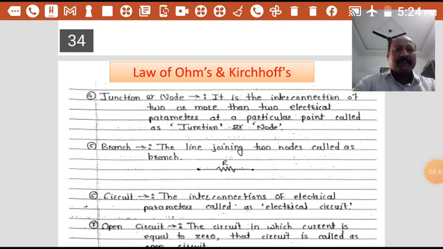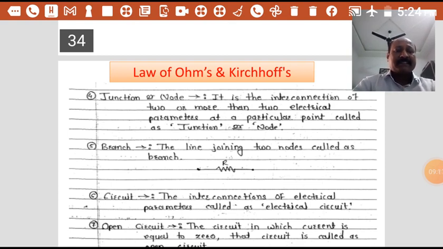Interconnection of two or more electrical parameters means what? Two resistances, or one resistance and one inductance, one resistance and one capacitance, or one inductance and one capacitance. If such interconnections of the electrical parameters are there, then that point is called a junction or node.